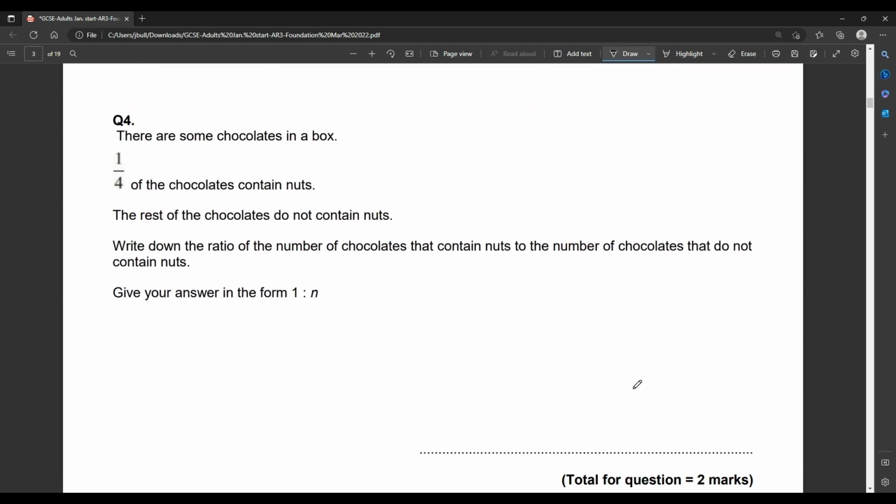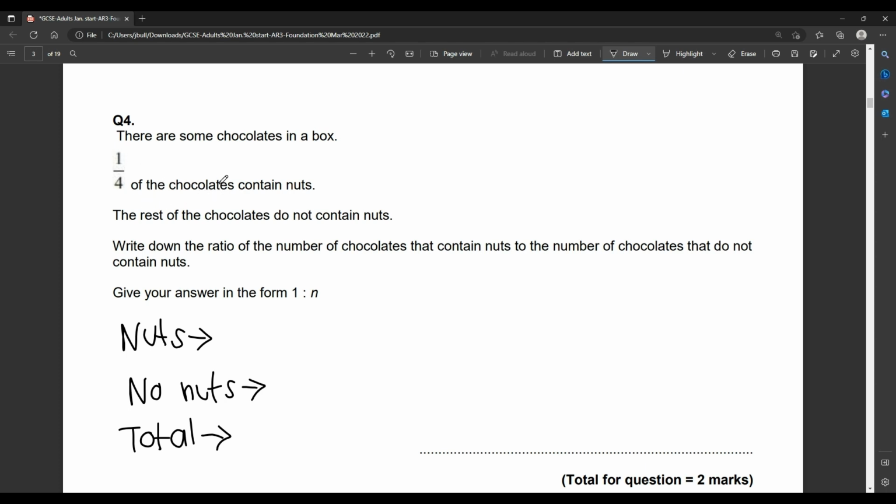Question 4, we have another ratio question. So again, I would use exactly the same method. So here we're looking at chocolates that contain nuts. So let's just say nuts, chocolates that don't contain nuts. And again, with ratio and fractions, we're always going to have a total. So here we have some chocolates in a box. A quarter of the chocolates contain nuts.